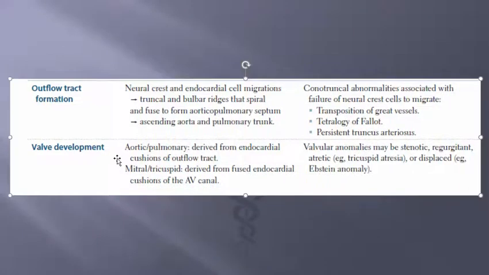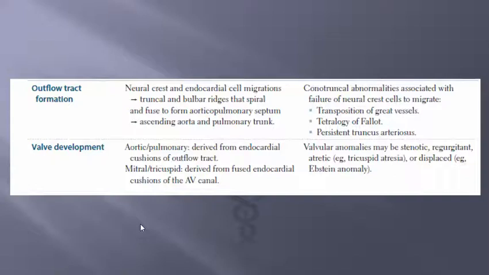Outflow tract formation. This is where your neural crest and the endocardial cell migrations occur. You have the truncal and bulbar ridges, and then these spiral. Okay, so they start turning and they fuse. Sometimes they call it looping, but typically on this one it's going to be spiral. If it's looping, it's more of a fold.